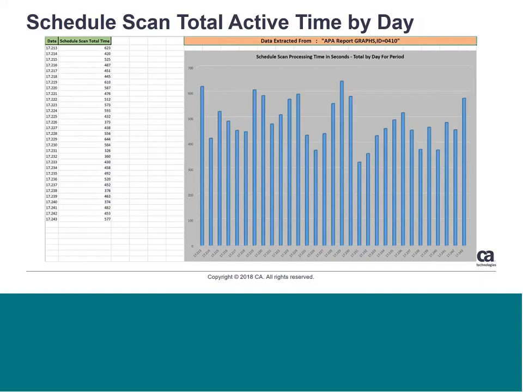So initially, we have a look at the scheduled scan, the whole time of the scheduled scan processing, including all of those functions that I talked about, and we look at it on a total amount per day across the period that we're doing the analysis for.